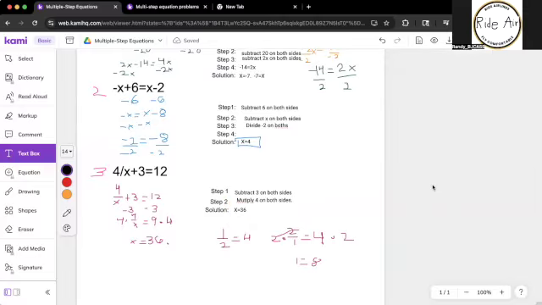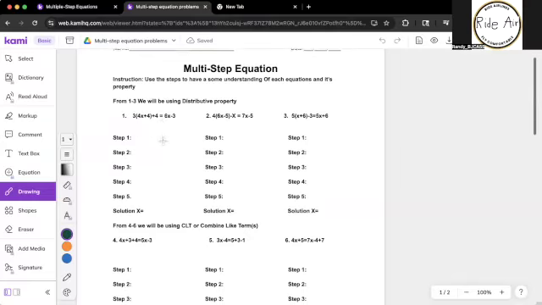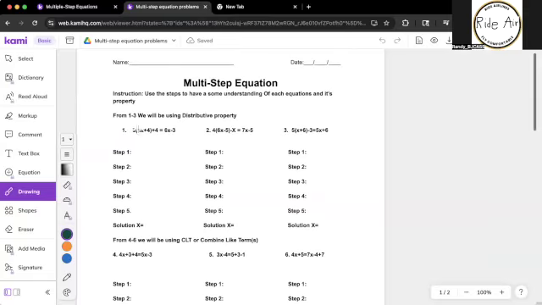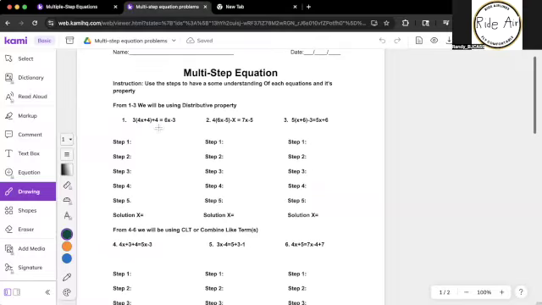Now we're going to try a few problems in the multi-step. The video is not yet ended because we're not yet done. For here, we have multiple steps. And if you go to the website, we have this whole sheet that we talk about, and you can use them to copy one problem.